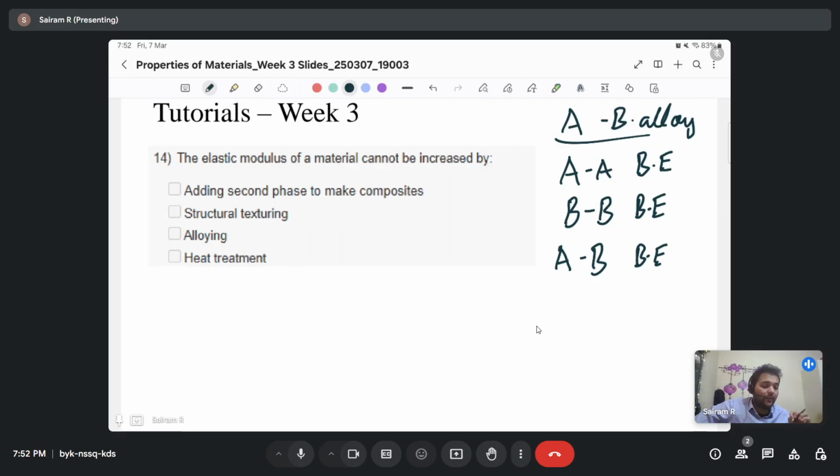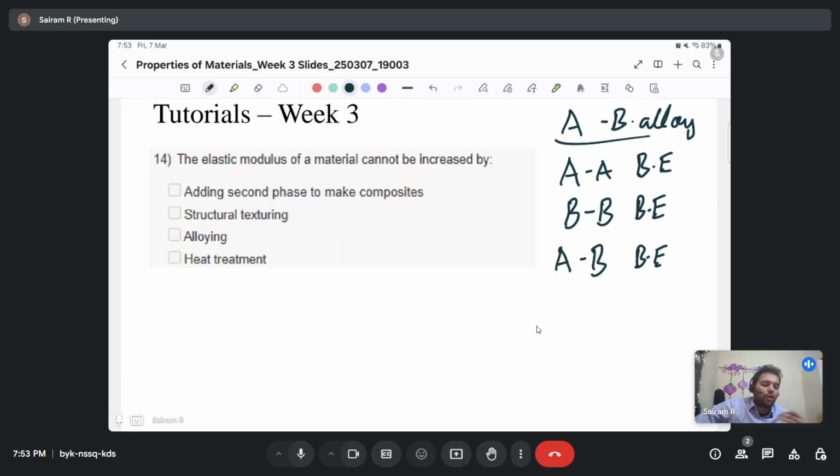But if we have the same sample, we are not changing its composition, we are not adding any secondary phases to make it a composite, or inducing some structural texturing, or we are just doing some simple heat treatment. Let's say we are doing some annealing or we are doing some quenching.